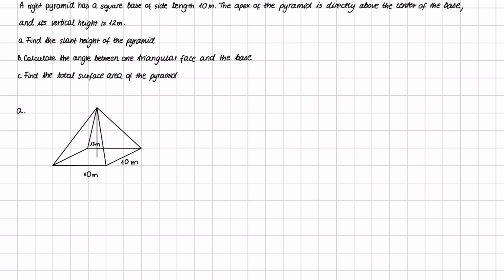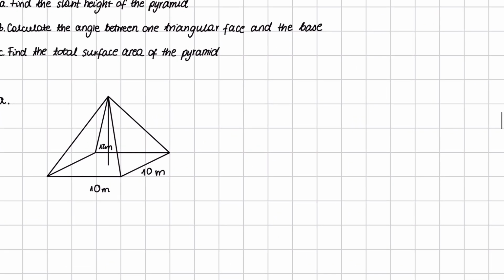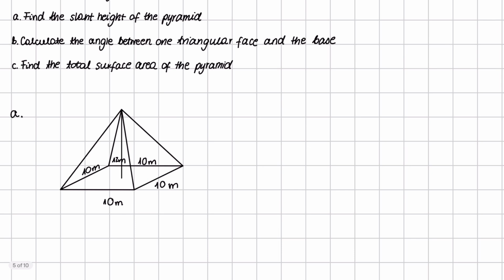So this is our drawing, and as our pyramid is a right pyramid, it has a square in the base, so this length is also 10 meters and this also, and we are looking for the slant height of the pyramid.